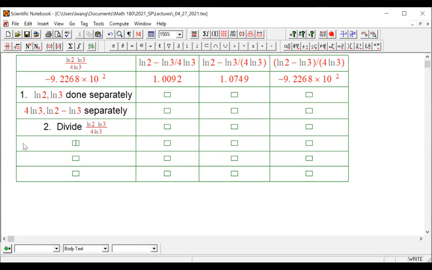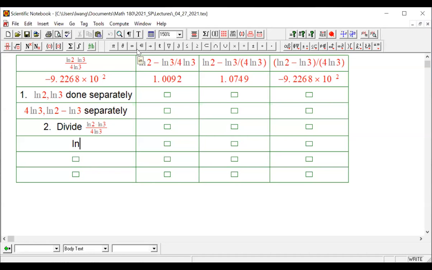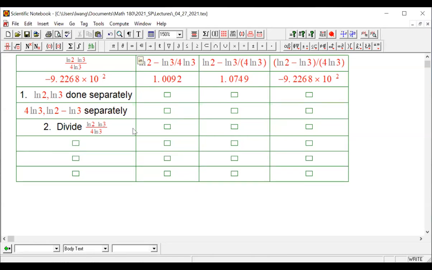For example, in the actual steps, I'm going to show you that in this case, we're going to get ln2. Okay, so I'm going to show it's ln2. It gives me a numerical value, right? ln3 gives me a numerical value.